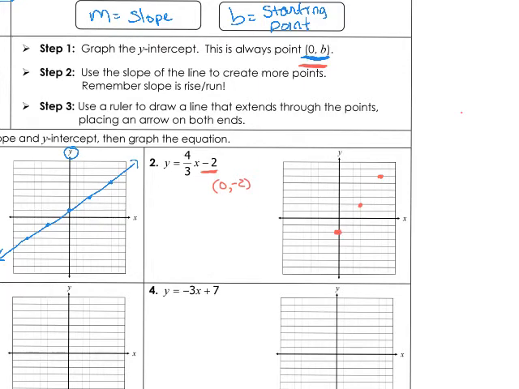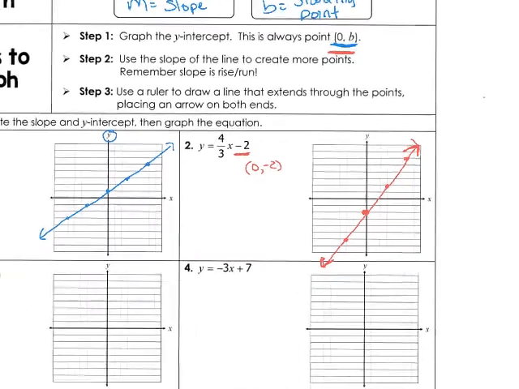Go down 1, 2, 3, 4, 1, 2, 3. And I'm out of room. And I draw my line. I've got to say, I'm using an Apple Pencil and a screen, and that's pretty straight lines.